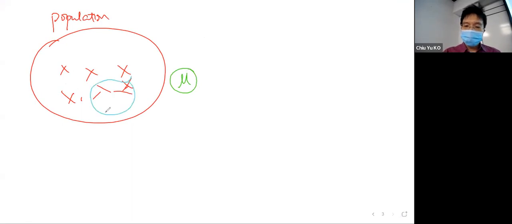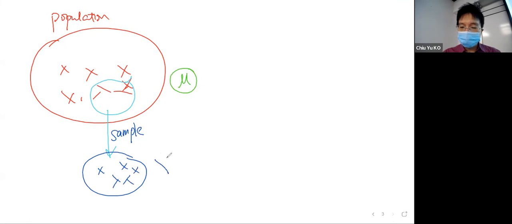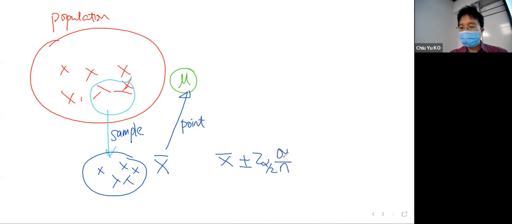We take out some sample, and we come up with X bar. X bar is our guess of the mu. That is the point estimate. And we can also have X bar plus minus a margin, and that will be our interval estimate.